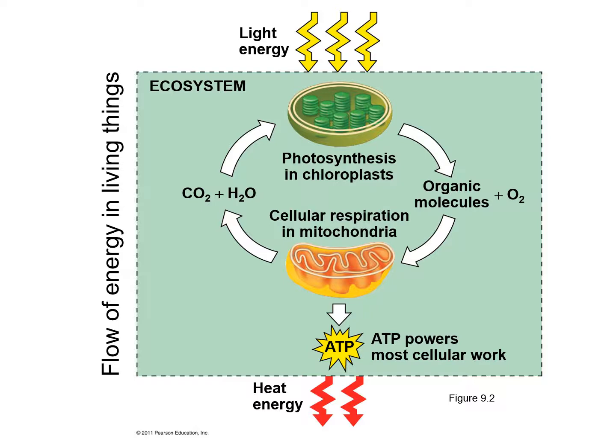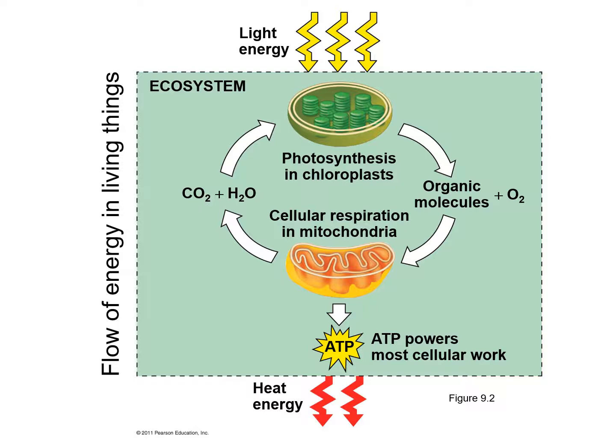Here's a diagram showing the flow of energy in living things. So in any given ecosystem, we have light energy coming in. That energy is captured through photosynthesis, which builds up organic molecules like glucose. It also produces oxygen. These organic molecules and oxygen are used during cell respiration in the mitochondria, which creates this energy right here, ATP. By the way, when I say create, we've got to understand that nothing is really created or destroyed here.